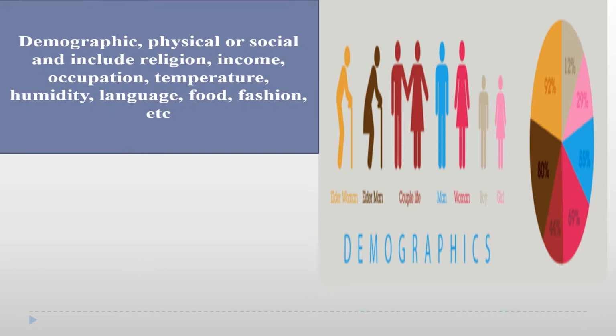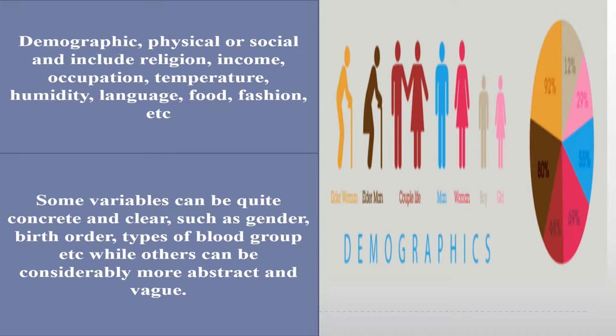It could be demographic, physical, and social, and could also include religion, income, occupation, temperature, humidity, language, food, fashion, etc. Some variables can be quite concrete and clear, such as gender, birth order, types of blood group, etc., while the others can be considerably more abstract and vague.